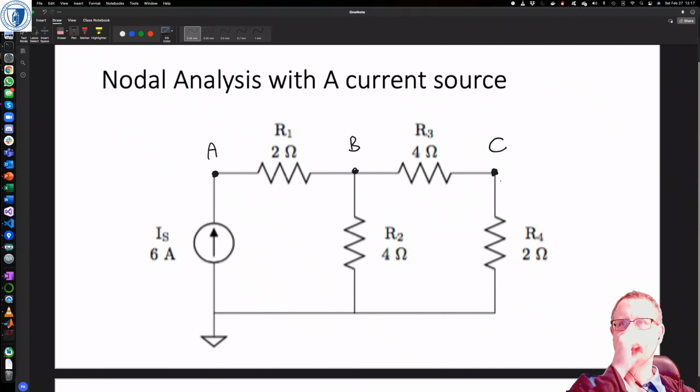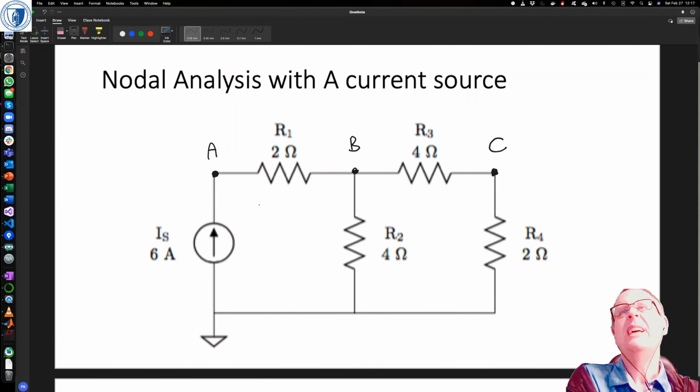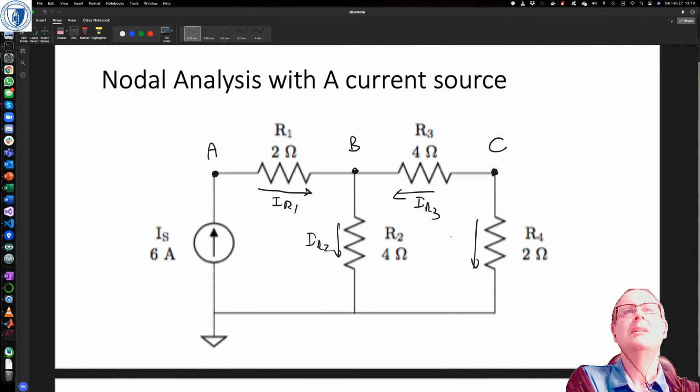So the problem we have here, if we've got IR1 and IR2, and let's make IR3 go that way and IR4 go that way, is that this is a current source. It's not a voltage source.